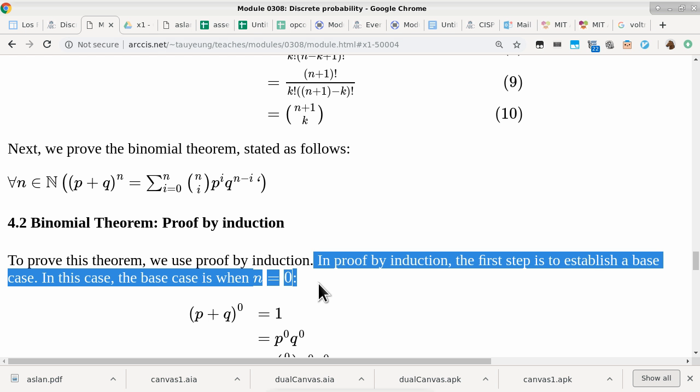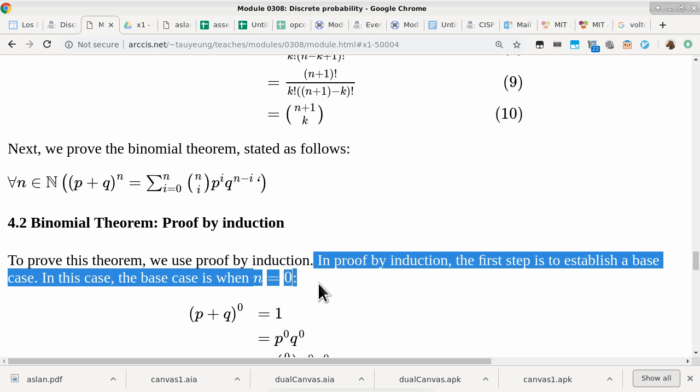Does that work? Okay? So let's look at those terms one by one. 0 choose 0. What is 0 choose 0? 1. How do we know that? Because by the definition of combination, you know that. What is the definition of combination? In this case, it is n factorial divided by I factorial times n minus I factorial.